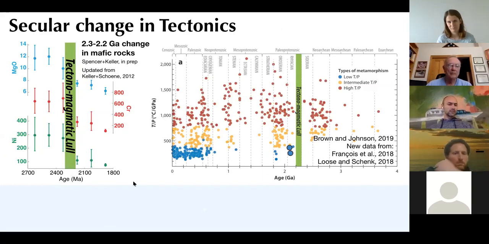As many may be aware, in 2012, Keller and Schoen showed that there was a dramatic change in igneous geochemistry across the Archean Proterozoic transition. Now, when we evaluate the record of igneous rocks between 2.5 and 2.1 billion, there's not a lot of rocks of that age, and therefore not a lot of data to really constrain when that specific change occurred.